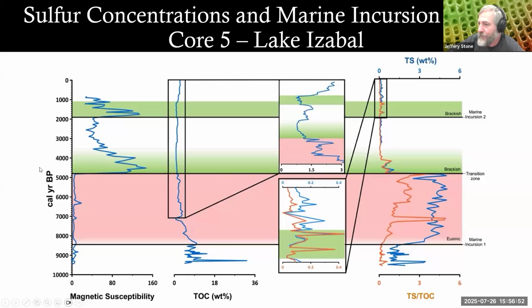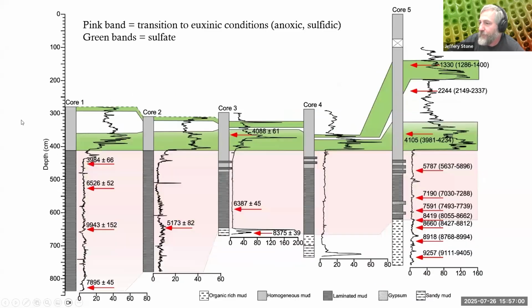And then you can see these changes in magnetic susceptibility suggest there's another big pulse or transition around 2,000 years ago. When we look at this across all of the cores, the pink on this is not very clear, but there's a boundary at the base of this flooding surface that's down here, where you see the laminations start to occur.